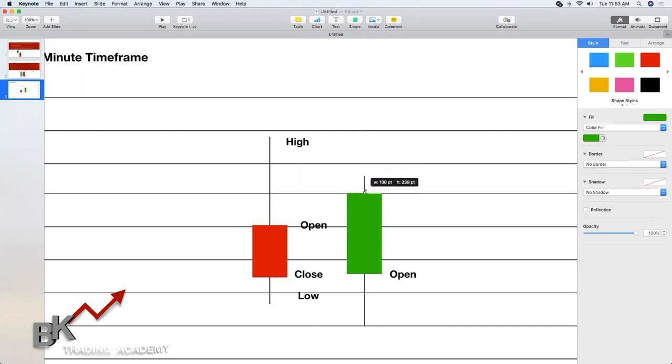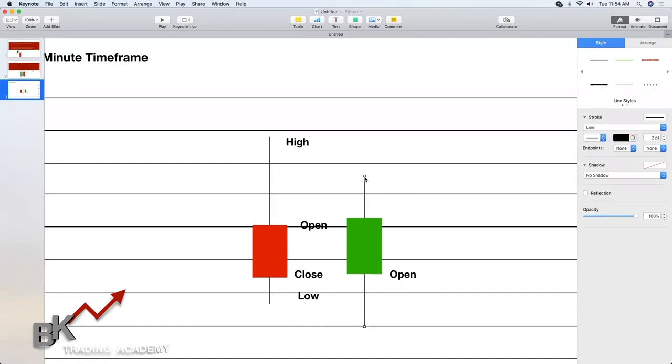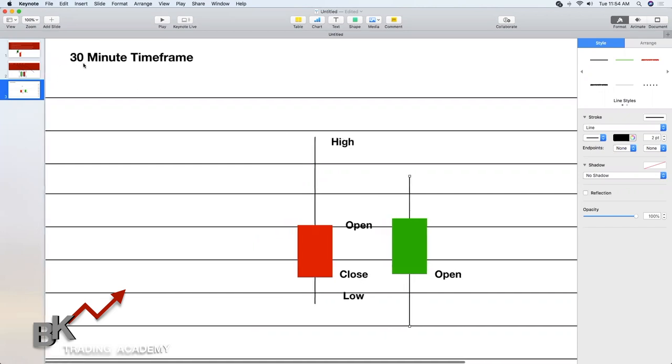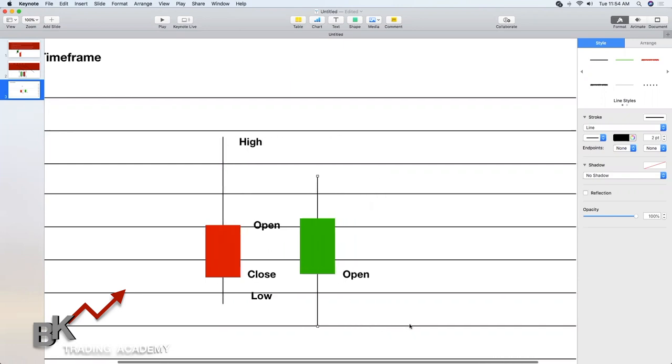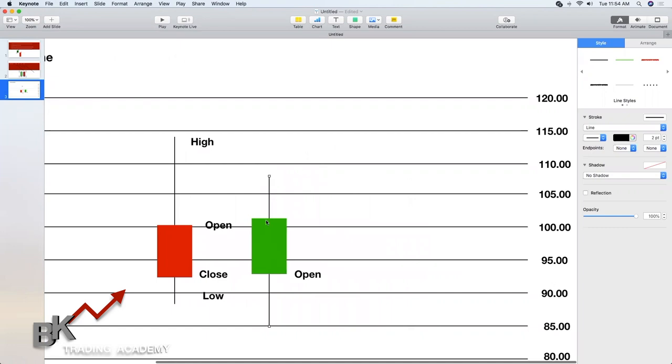And you may see price kind of do this up and down, up and down. So all this is saying is that this wick here shows us that price within this 30-minute time frame touched this area right here. And then this candle here at the bottom within this 30-minute time frame went as low as this wick here. So if I look at the price to the right, I can see exactly what happened within 30 minutes simply by looking at the color of this candle and looking at the wicks of the candle.